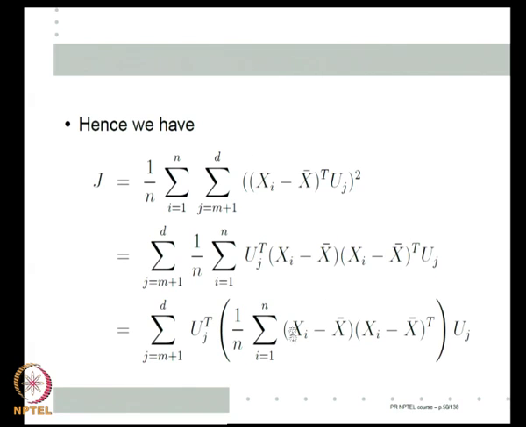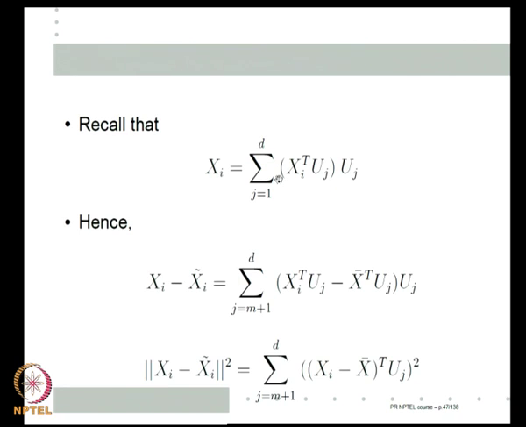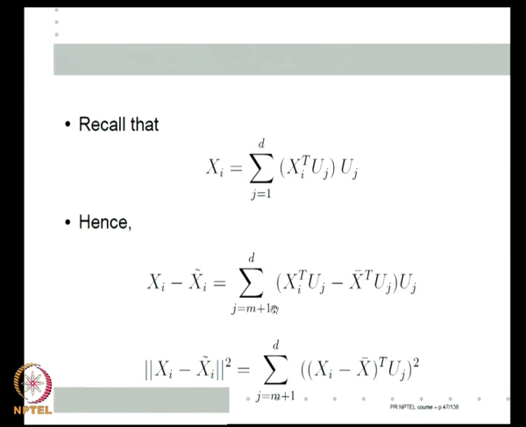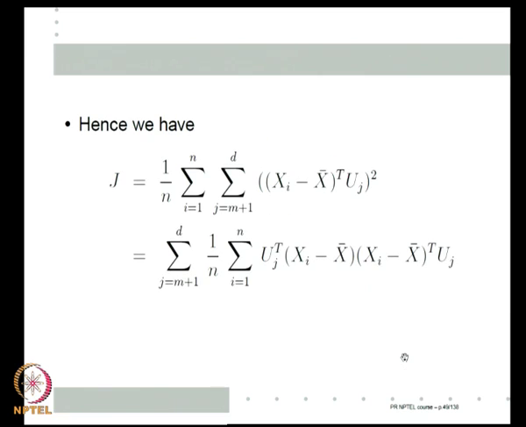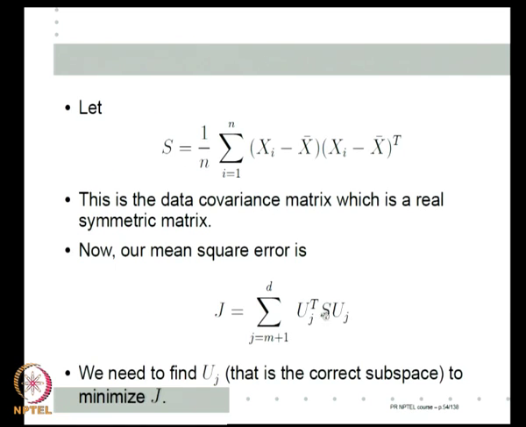When we did that, my J turns out to be that because in xi minus x tilde, the first m terms in the summation of xi and x tilde are the same, and hence my xi minus x tilde sums over only j equal to m plus 1 to d of something times Uj. So, ultimately my J turns out to be this.